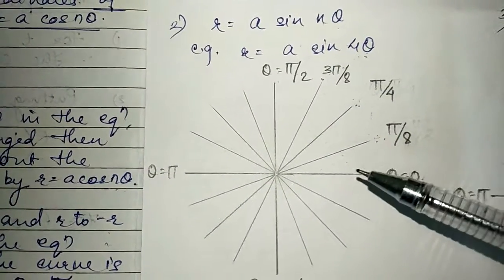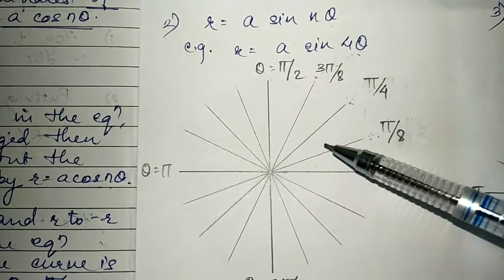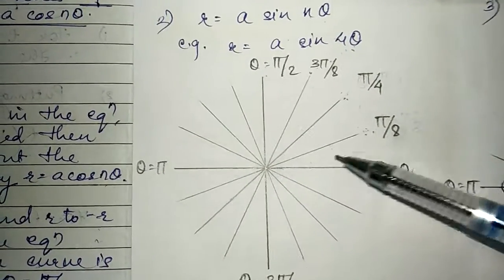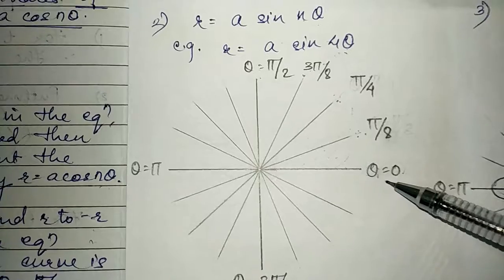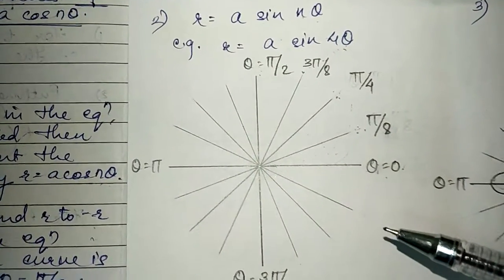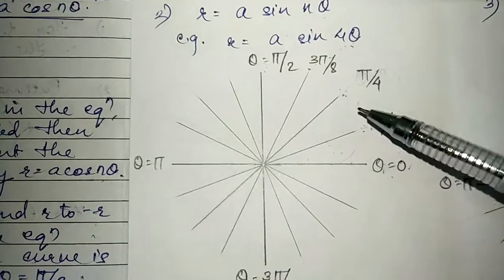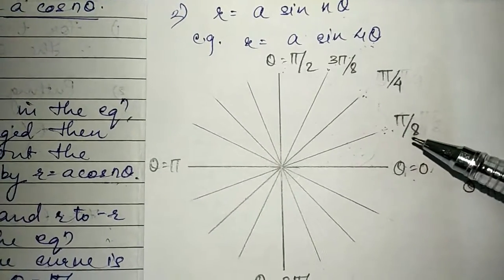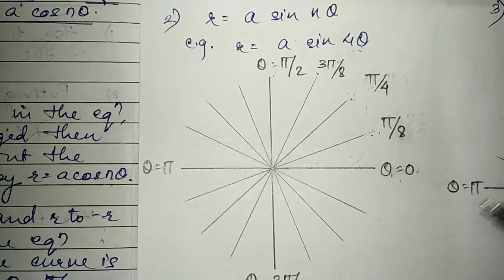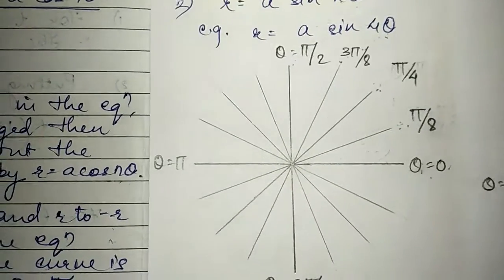It is 4. So we'll divide each quadrant into 4 equal parts. Now if we take the first quadrant, it is from theta is equal to 0 to theta is equal to pi by 2. So if we divide the quadrant into 4 equal parts, each part will be how much? It will be pi by 2 divided by 4, that is pi by 8.